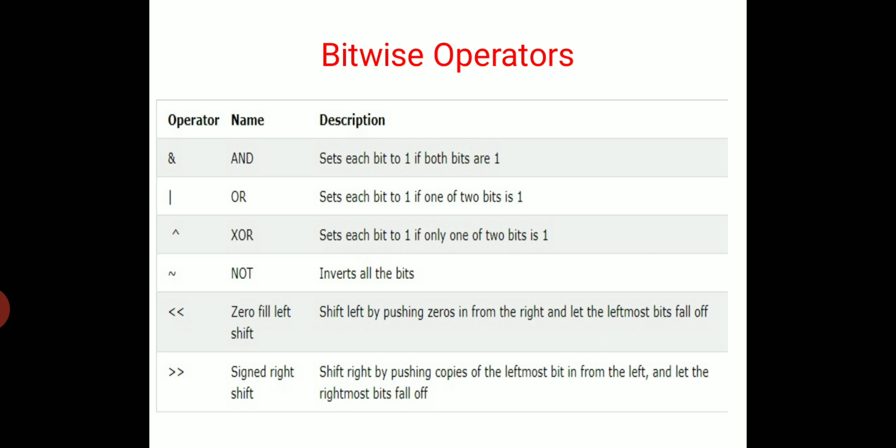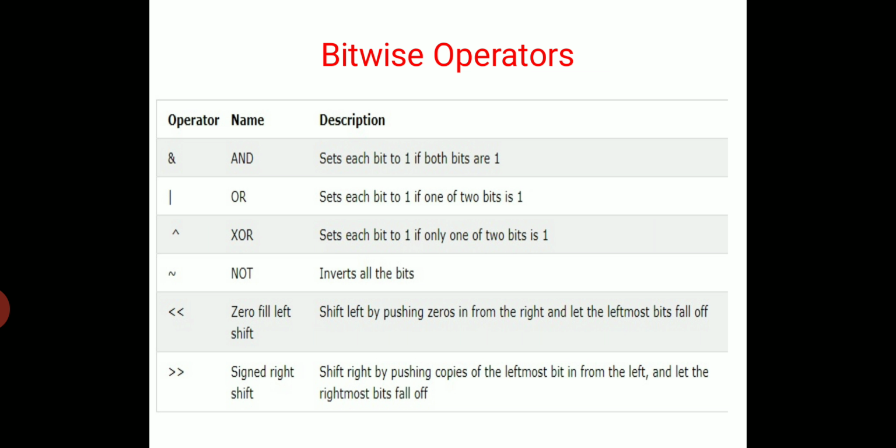Bitwise operator. It is also used to act on the bit operations, or we can say binary operations. You can easily know what AND means. Each bit is set to 1 if both bits are 1. Means if both bits are 1, then it gives 1. अगर दोनों में से कोई सी भी एक बिट 1 होती है, then it is OR.